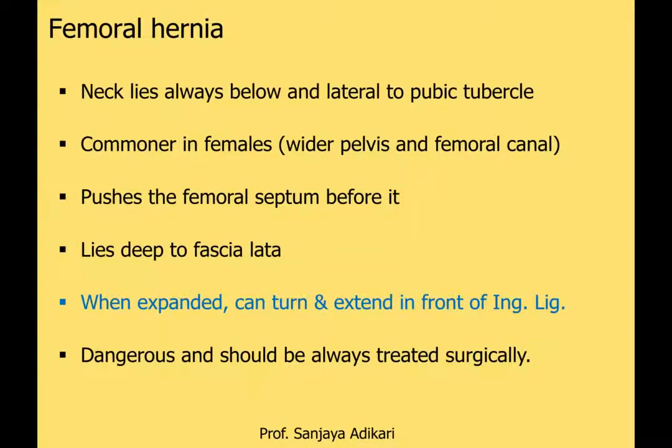These are the other points about femoral hernias. You know about it better than me. I think it's common in females because they have a wider pelvis than femoral canal. It lies deep to the deep fascia, and these points.